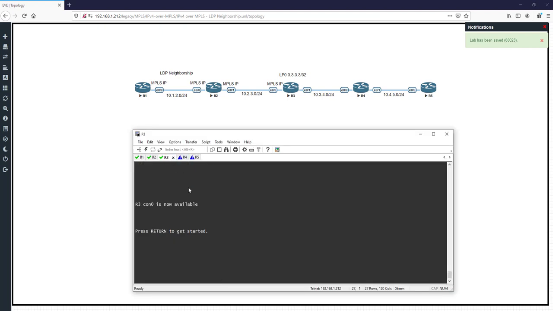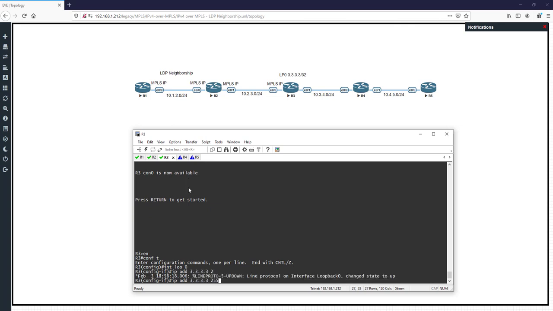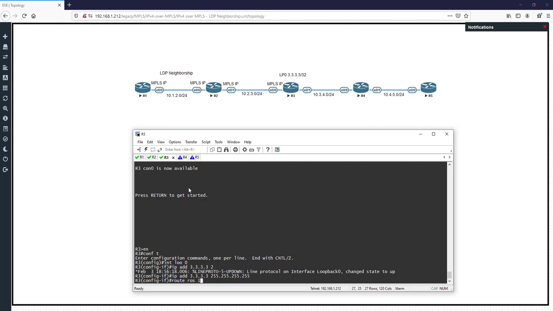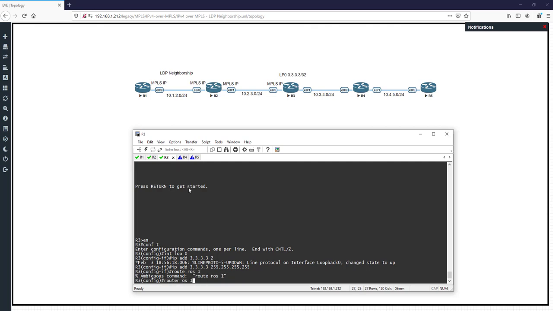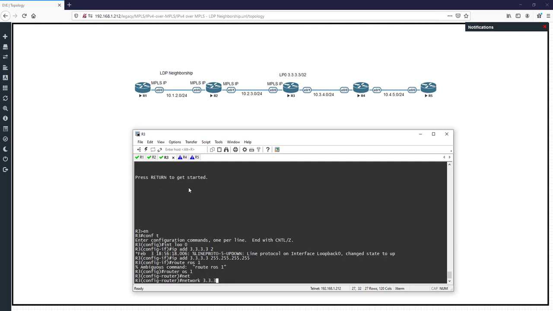In R3, first, enable configure terminal, interface loopback 0, IP address 3.3.3.3 255.255.255.255. I enable it on OSPF: router ospf 1, network 3.3.3.3 0.0.0.0 area 0.